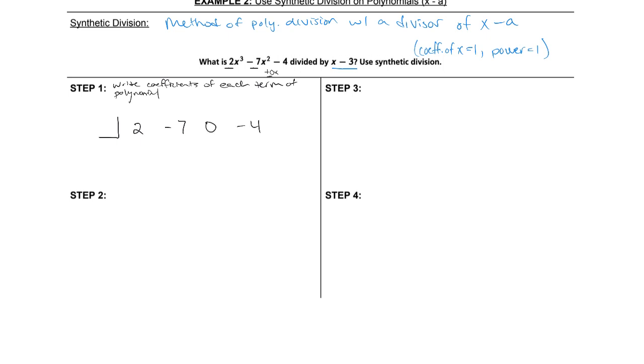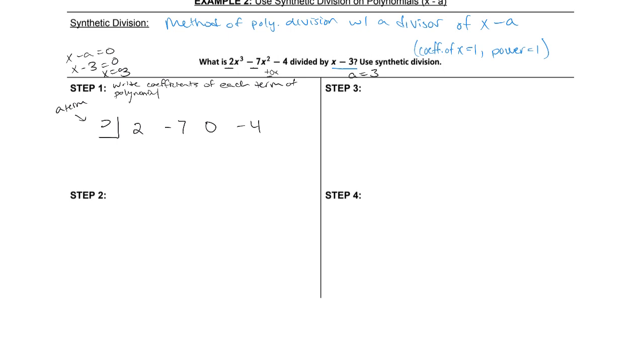Okay, now in our backwards L, this is where our A term goes. A is equal to 3. The reason is because it's x minus A. So x minus 3 equals 0, so x is equal to 3.